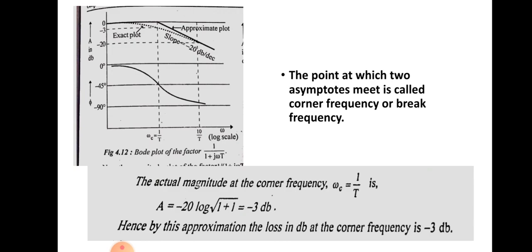Suppose we put omega equal to 1 by t, then we will get tan inverse 1, so it will be minus 45 degree at this point, that is marked here. And when we put omega equal to 0, the phase angle will be 0, that is marked here. And when we put omega equal to 10 by t, the phase angle will be minus 90 degree, that is why the curve will look like this.